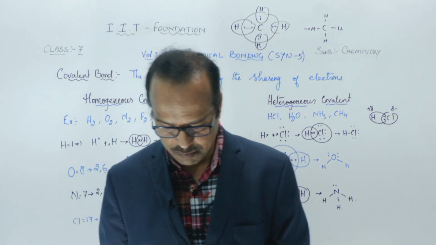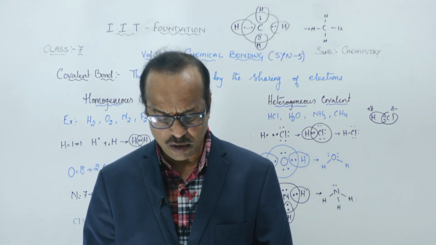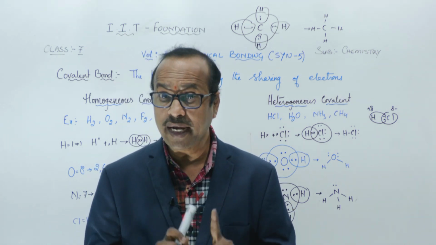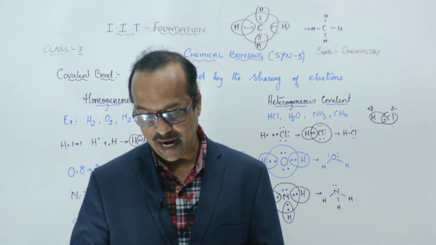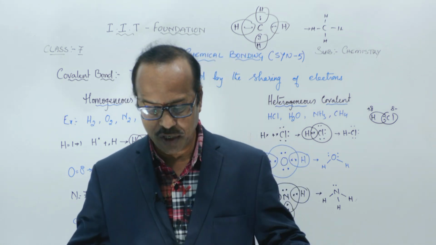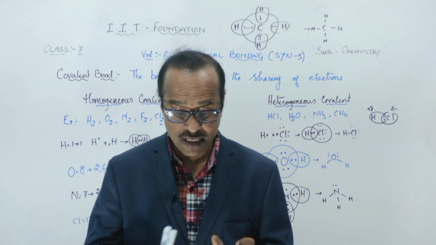So once you see, students, on page number 43, there is a non-polar covalent bond. If the covalent bond is formed between two identical atoms, then the electron pairs are shared equally between the two atoms. So the meaning is what?